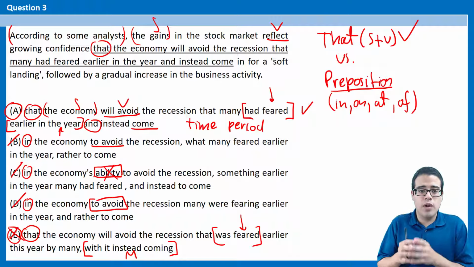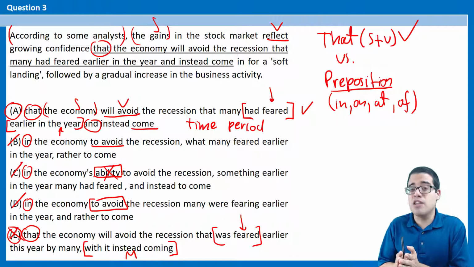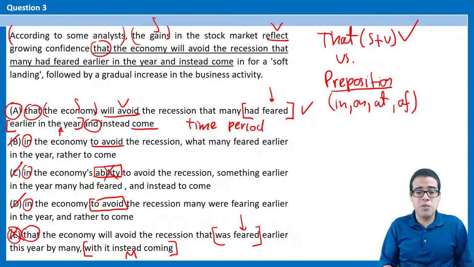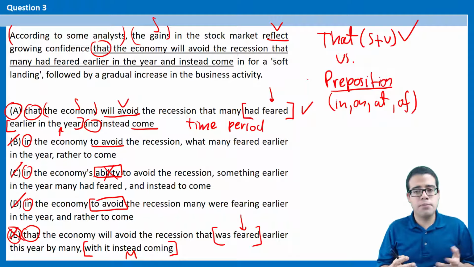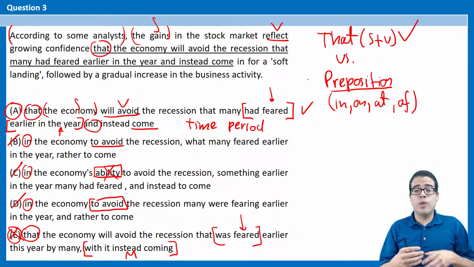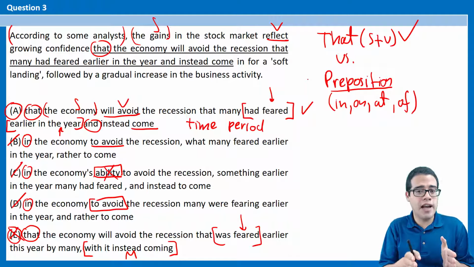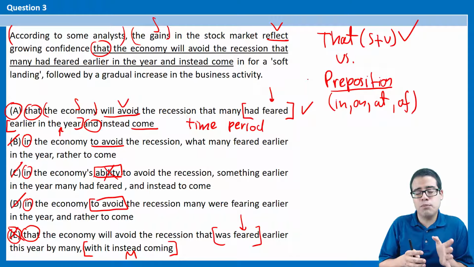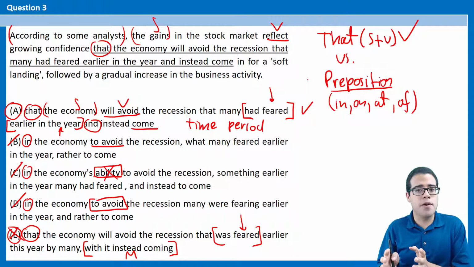Before what? Well, before earlier in the year. That's basically it. So A works. Remember, you can use past perfect in two situations: to express that one action ended before another action, or to express that one action ended before a time period.